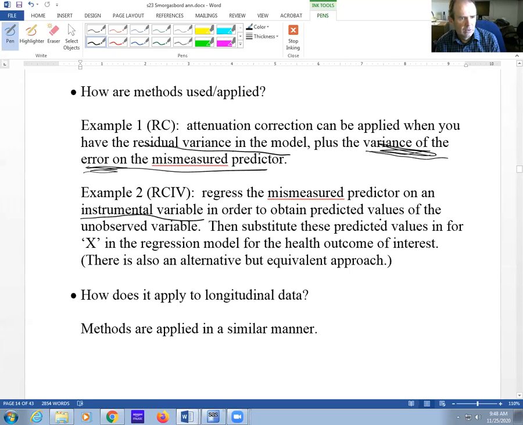Then what you can do is regress the mismeasured predictor on the instrumental variable to obtain predicted values of the unobserved variable, and then you substitute those in for X. And then you can get an unbiased estimate of the predictor of X that you're really interested in.